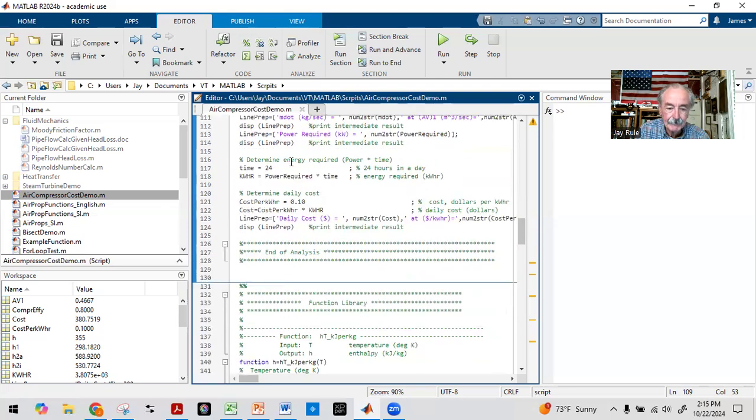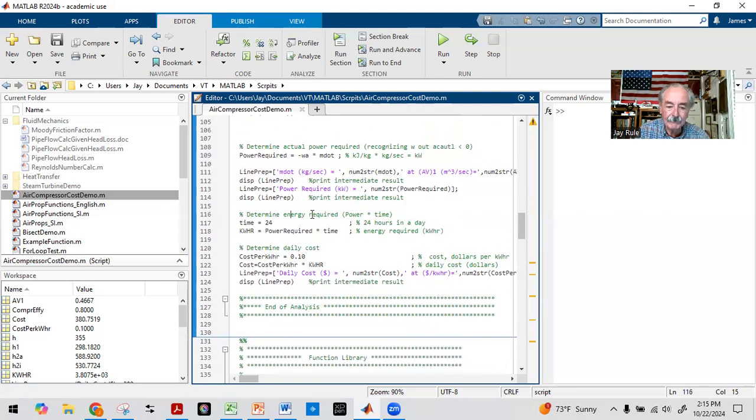Okay. How about the energy required? Well, our time is 24 hours and we're operating steadily at a rate of power required kilowatts. So kilowatts times hours will have units of kilowatt hours. And so I'm calling MATLAB variable KWHR, all in caps. That's my MATLAB variable name.